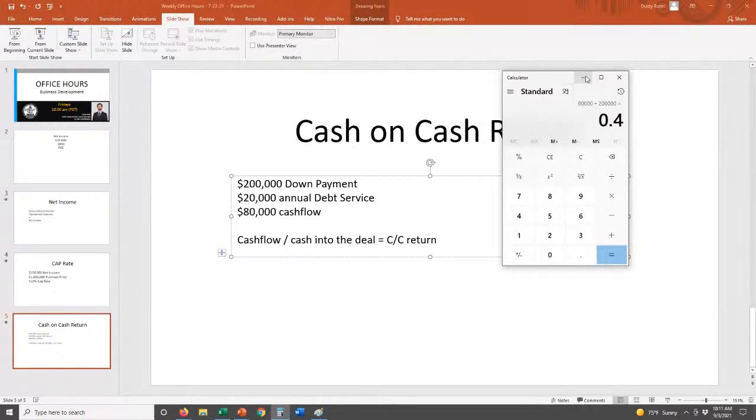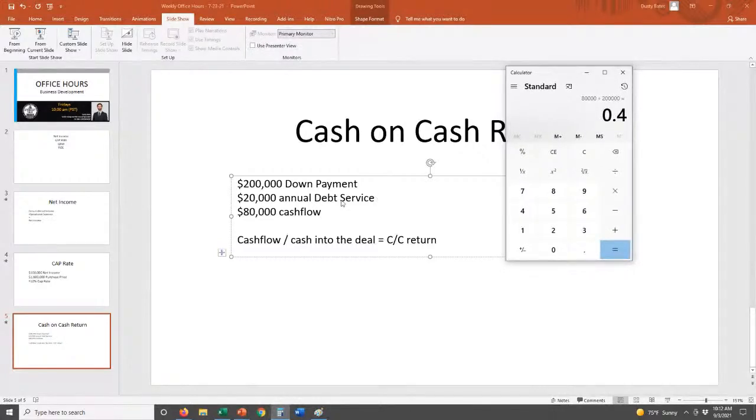It's probably way different than that. But typically what you'll find, especially now with the lower interest rates, is your cap rate's going to outperform your debt service, which is going to give you an increase to your cash flow and your cash on cash return. So let's talk about cap rate.